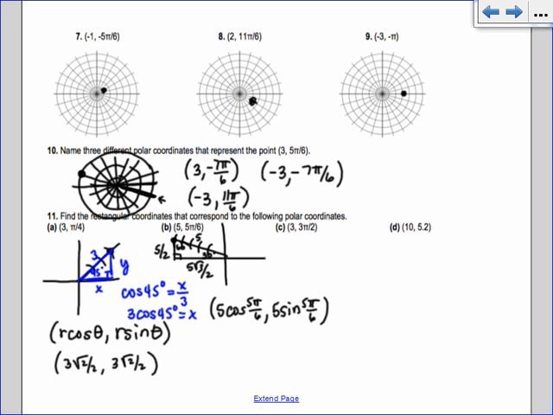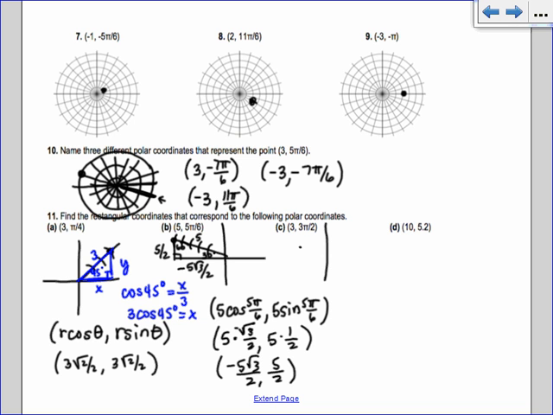So anyway, your answer, if you do 5 cosine of 5π/6, 5 times cosine of 5π/6 is negative √3 over 2. I forgot my negative when I did that. And then this is going to be 5 times 1/2. So I'm going to have (-5√3/2, 5/2).